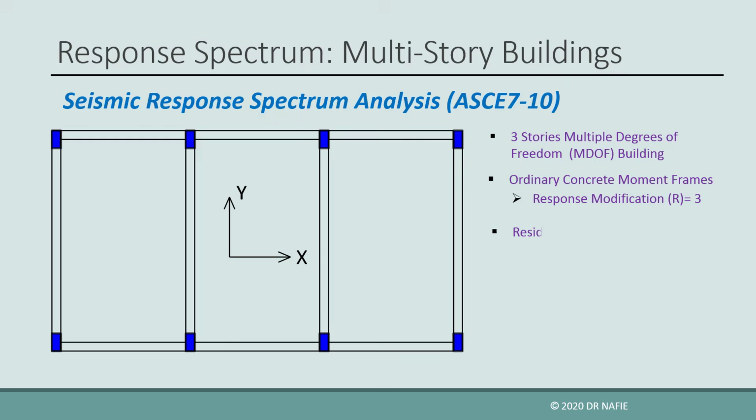The building is residential, so the importance factor I is equal to 1. Although ASCE7-10 Code is used here to obtain the seismic factors as well as the response spectrum curve, most of the procedure explained in this example is valid for all other design codes.